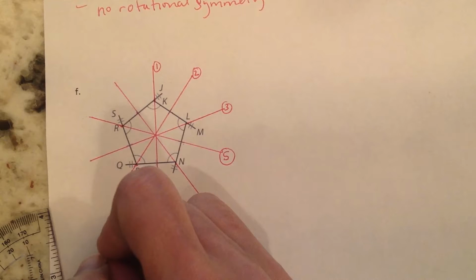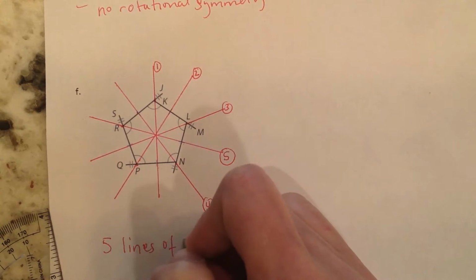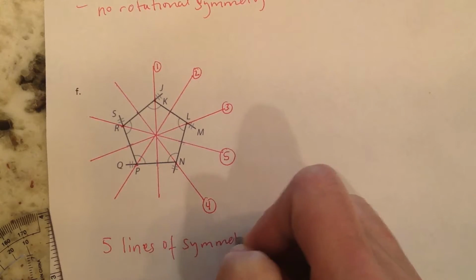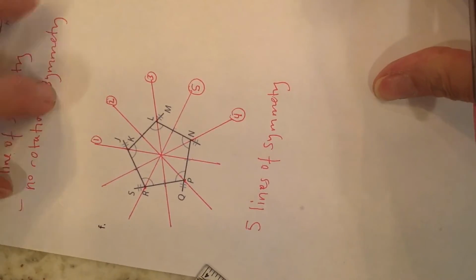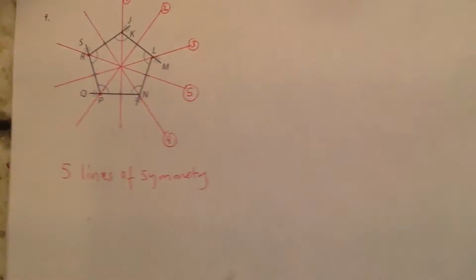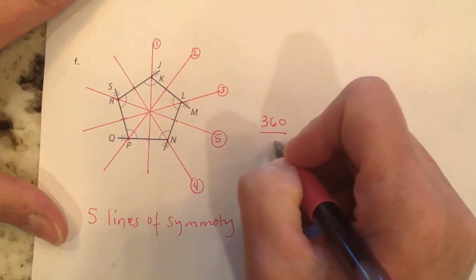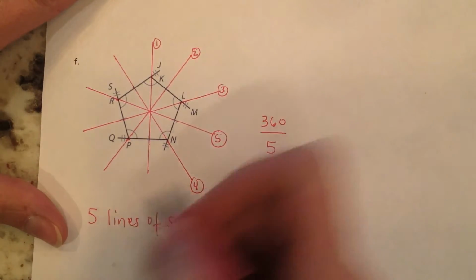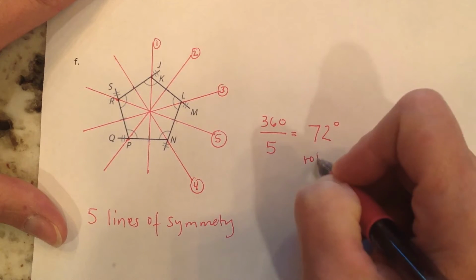So I have 5 lines of symmetry. And since we can turn it and make it so that the figure is directly on itself, it has rotational symmetry. So to figure that out, you take 360 divided by 5 because of our 5 lines of symmetry, and that leaves us with 72 degrees rotational symmetry.